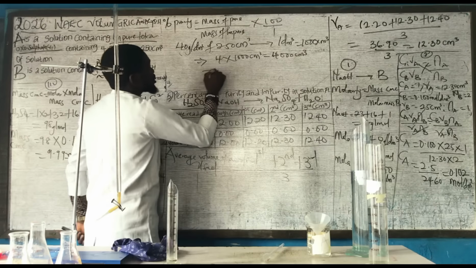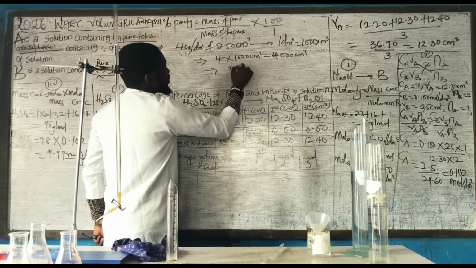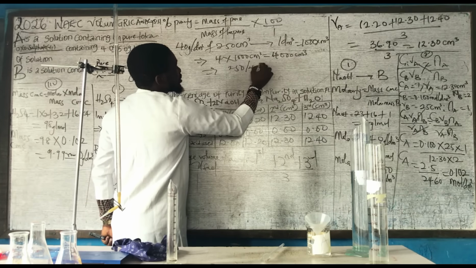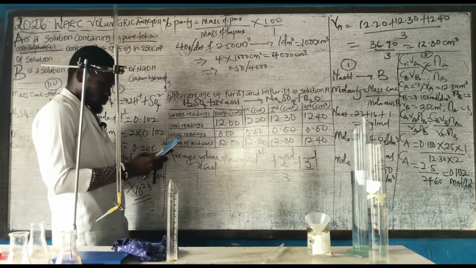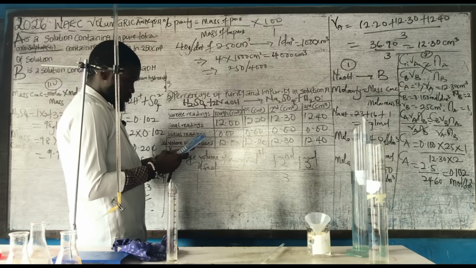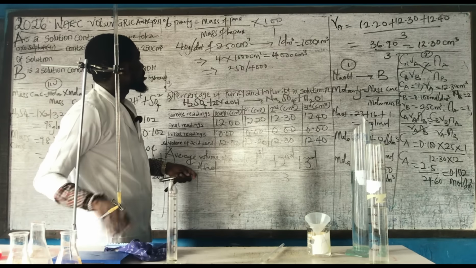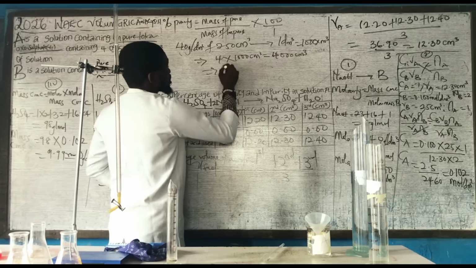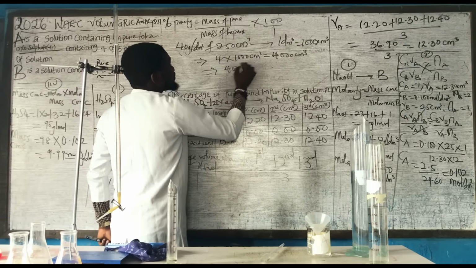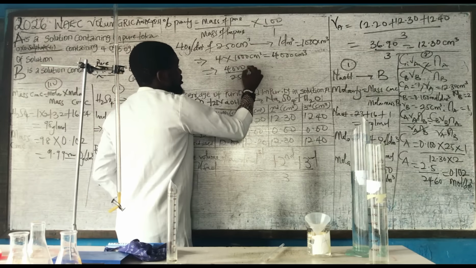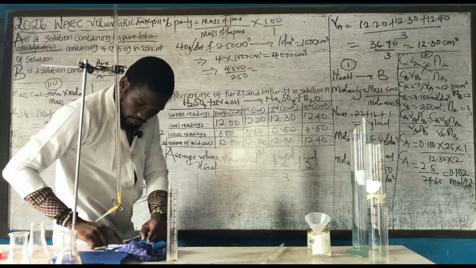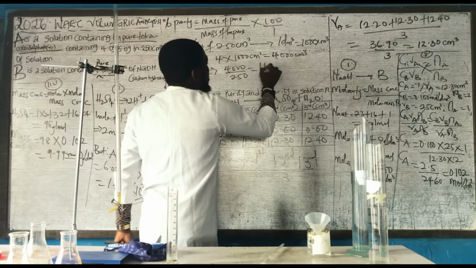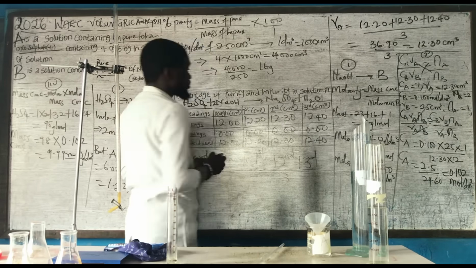In that case, this will be 4000 divided by 250. So 4000 divided by 250, we have 16 gram.